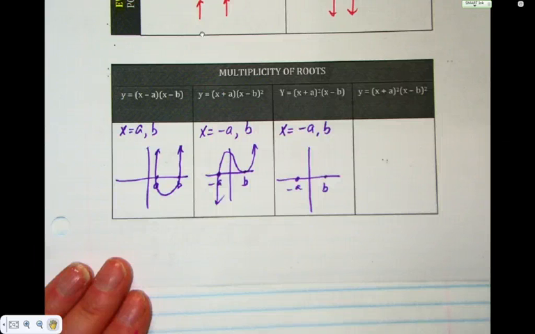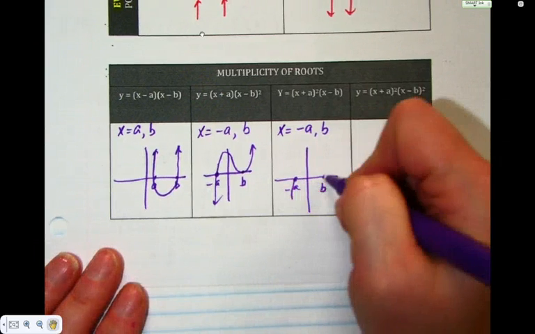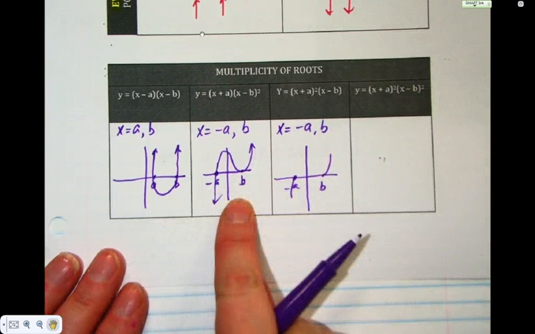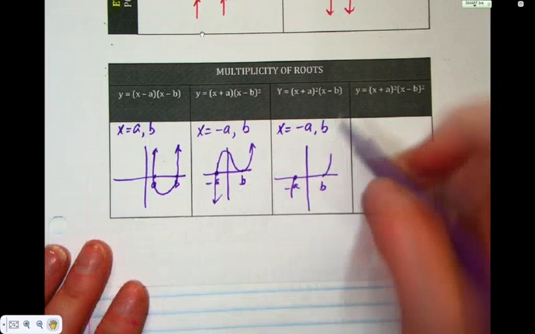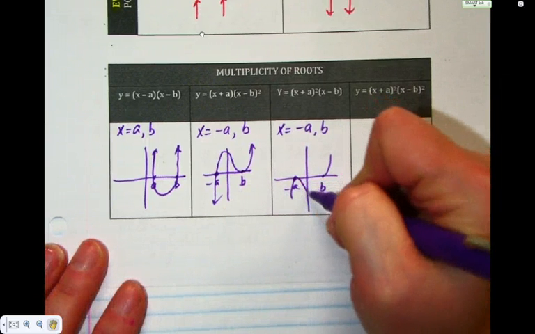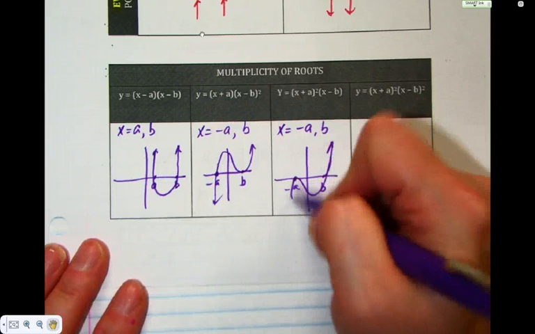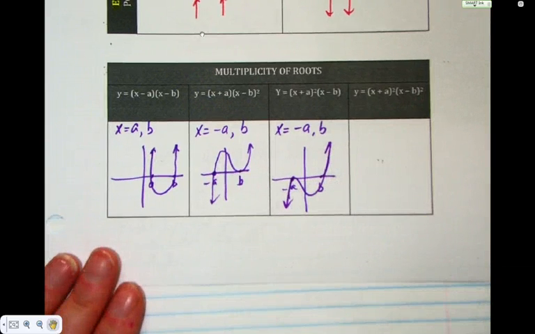End behavior? Okay, so it's going to go down and it's going to go up. What's the difference between these two? Multiplicity. So it's going to bounce back down at A, but it's going to cross at B. Okay, so there's the difference if we switch where that exponent of 2 is.